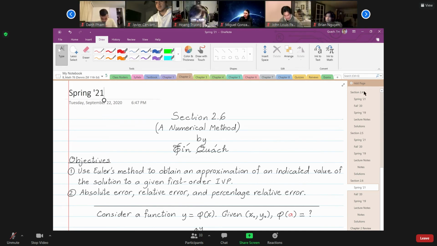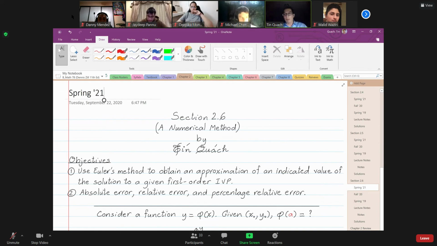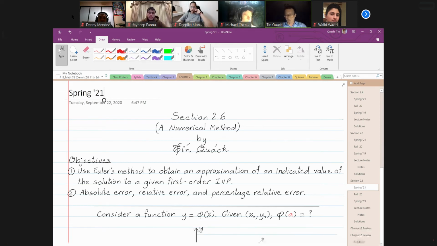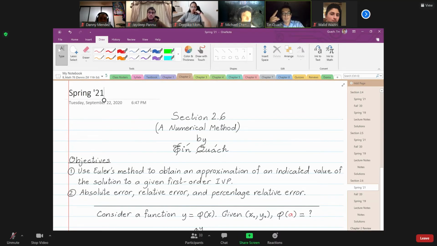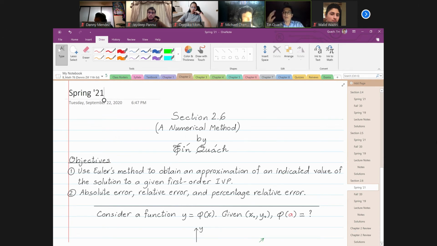All right. So before I lecture section 2.6, let me summarize what we have learned in chapter 2 so far. In section 2.1, we learned how to solve differential equations graphically.